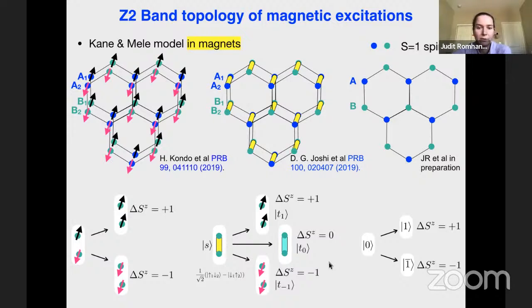These are just a few examples of how one can create systems with Hamiltonians analogous to the original Kane and Mele model. But there are, of course, differences, and what we set out to do here is to address these differences and see whether we really can have a Z2 band topology or not.